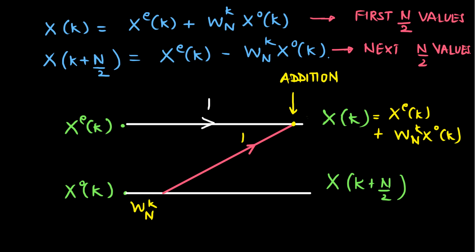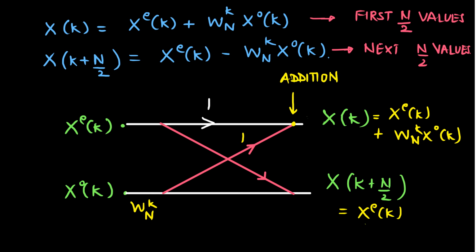Now if we need to find the value of this X of k plus n by 2, then at that point again we have this X even of k as it is. But when we need to consider this X odd of k scaled by W_N to the power k, it is with a negative sign.